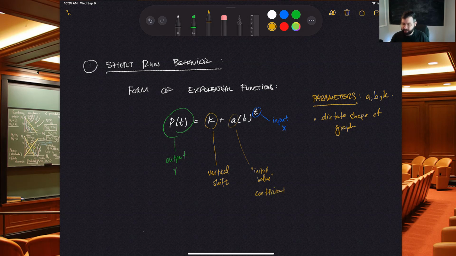Because if we're shifting this thing, then the initial value is going to be moved as well. And we'll talk about that. And then b, we know, is the growth factor or the decay factor.